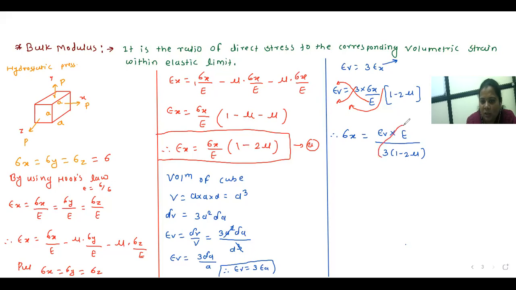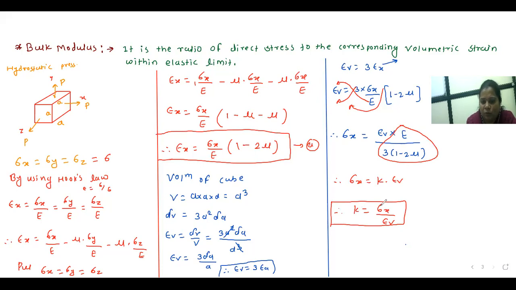So this E divided by 3 in bracket 1 minus 2 mu is nothing but K. Therefore sigma x is equal to K into epsilon V. Therefore K is equal to sigma x divided by epsilon V, and this is the formula for bulk modulus.